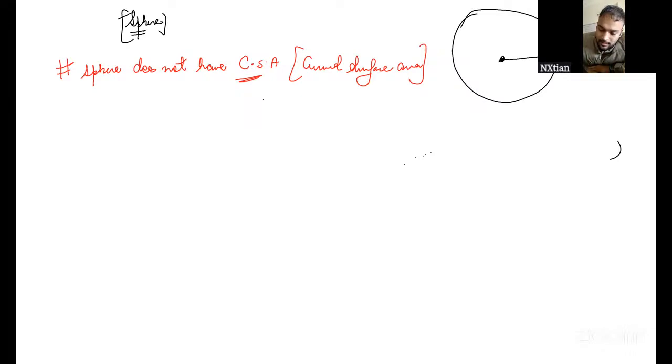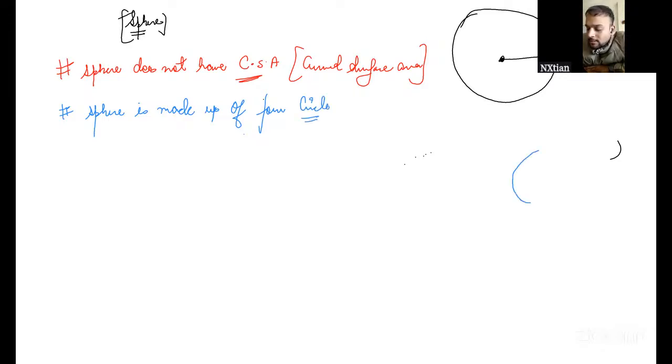So it means that the sphere is made up of four circles. What does this mean? Listen, guys. For example, this is one circle, this is one circle, this is one circle, and this is one circle.